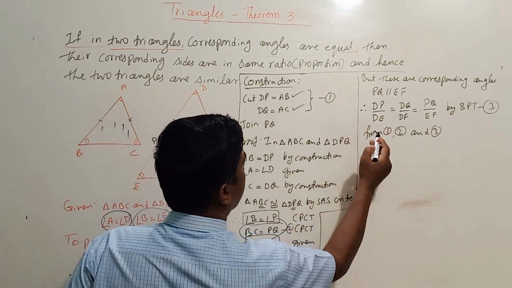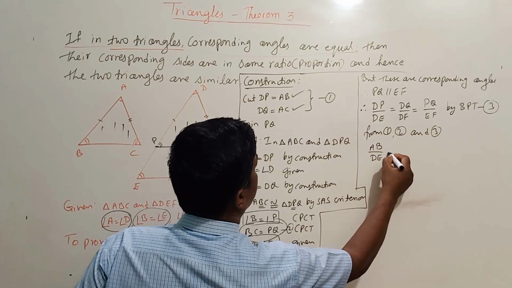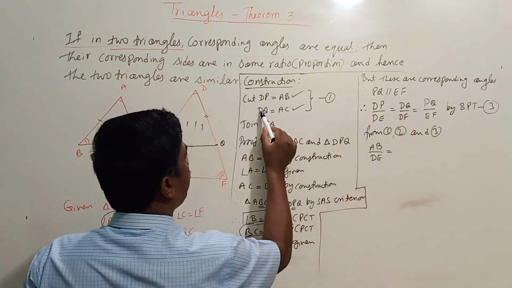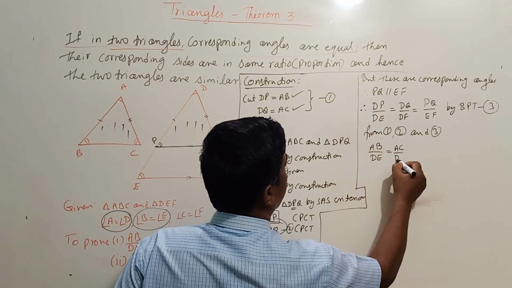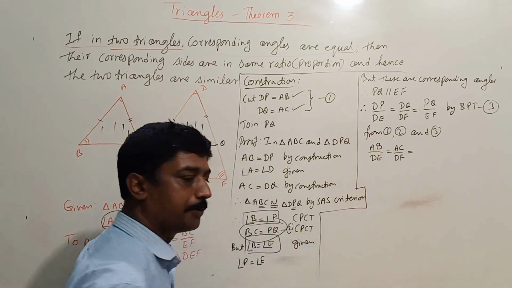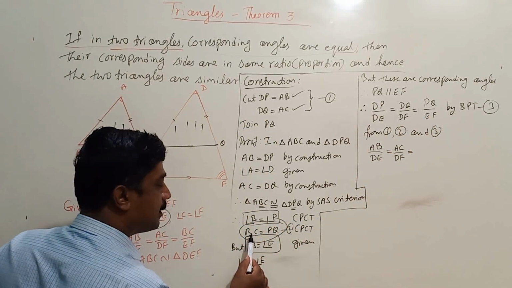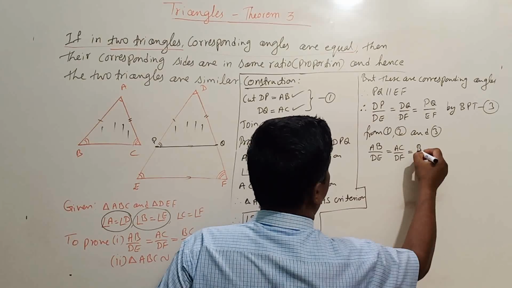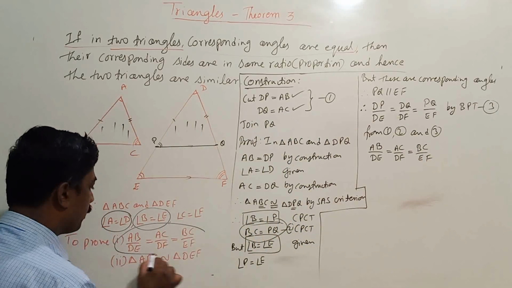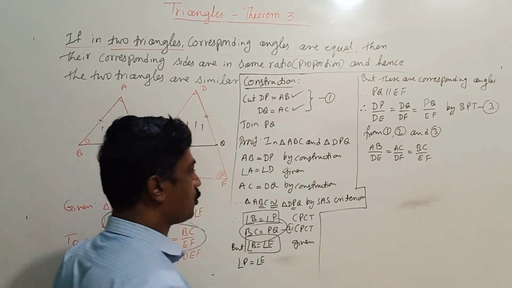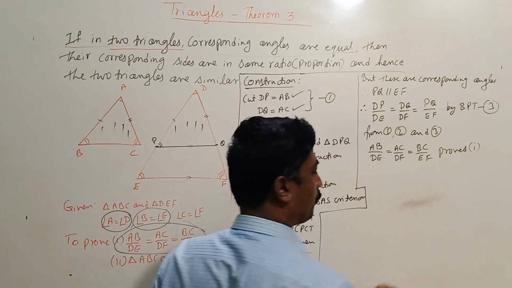So instead of DP, I am going to write AB by DE is equal to DQ. DQ is equal to AC. Instead of DQ, I am going to write AC by DF is equal to, no, PQ is equal to BC. So instead of PQ, I am going to write BC by EF. Proved. So here we proved 1.